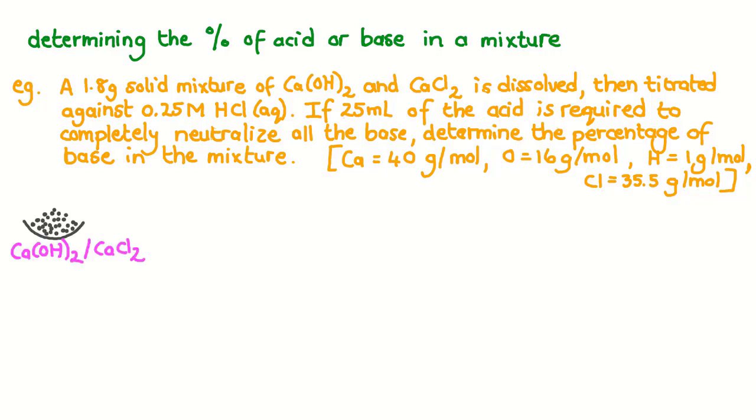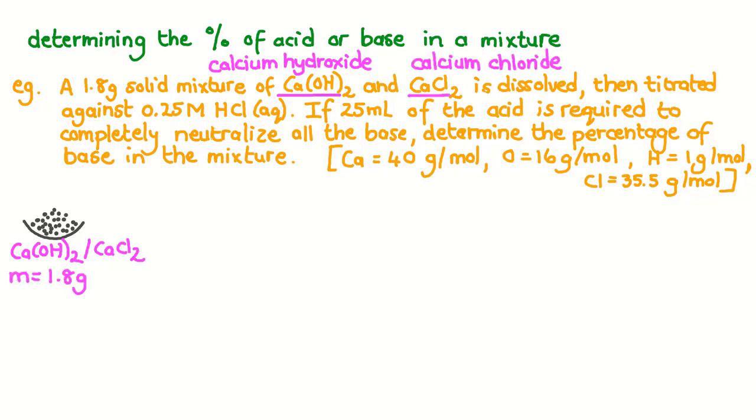We are told we have a solid mixture of CaOH2 and CaCl2. CaOH2 is calcium hydroxide, and CaCl2 is calcium chloride. The combined total mass is 1.8 grams.